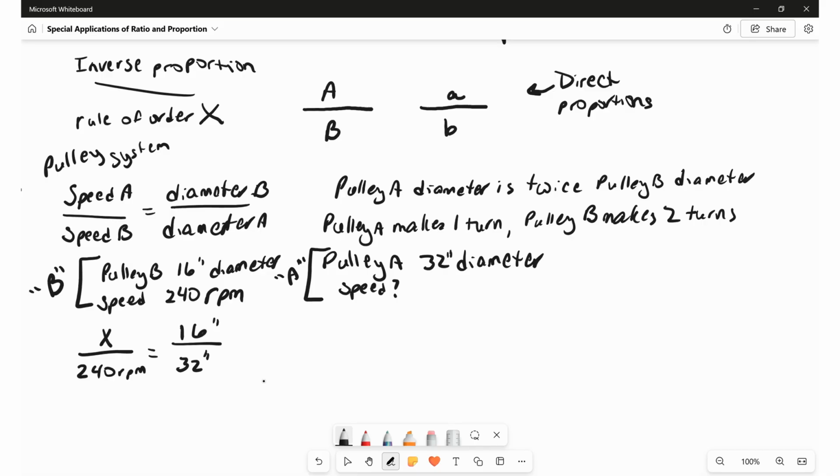And when we do that, we get 32x is 3840, which means that x, or the speed of pulley A, is going to be 120.